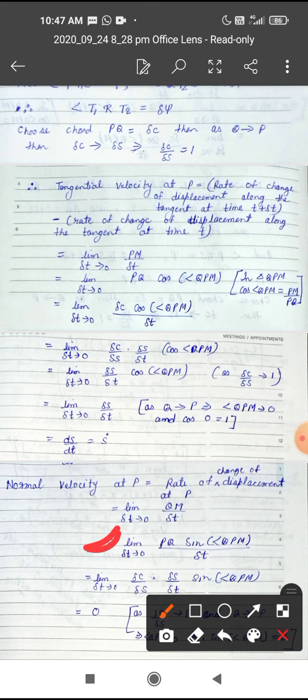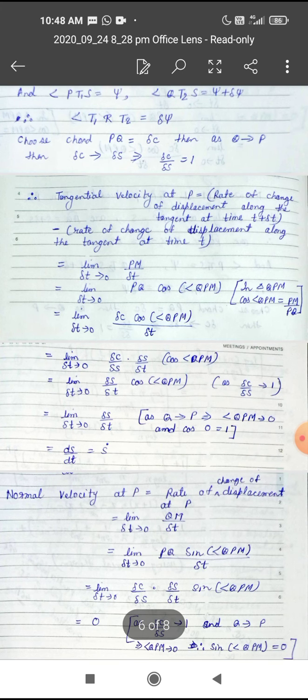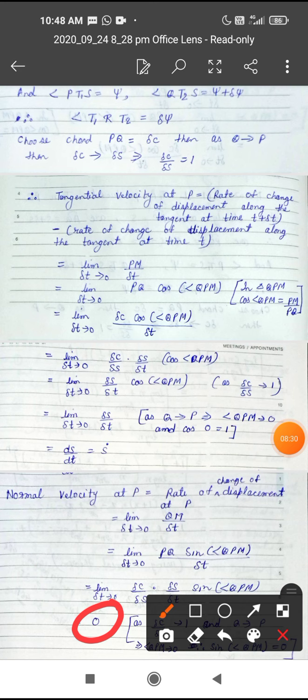Again PQ is delta C. So we can adjust like delta C by delta S into delta S by delta t sine angle QPM. Now delta C by delta S tends to 1. So this becomes 1. And as Q tends to P, angle QPM tends to 0. So sine angle QPM tends to 0. So we are left with 0. So normal velocity at P is equal to 0.